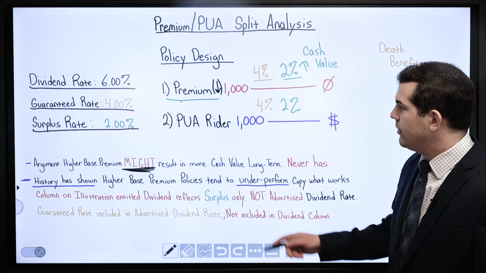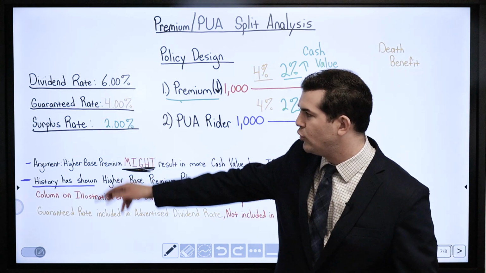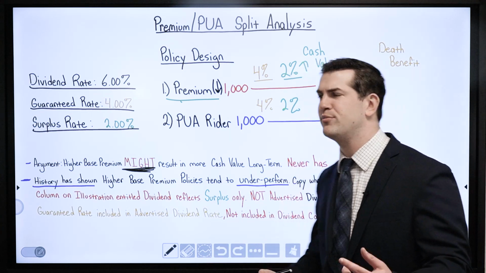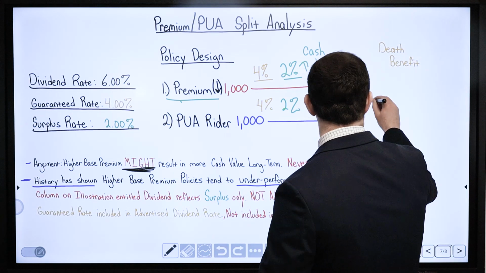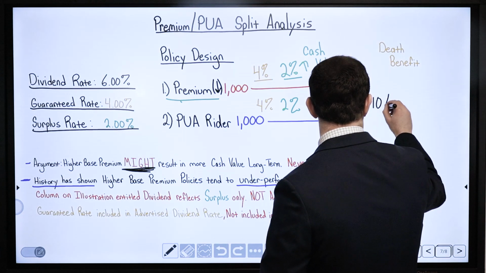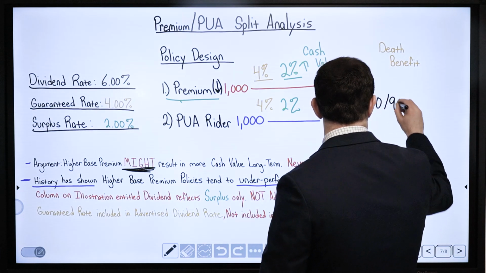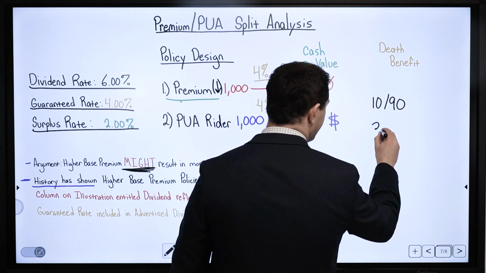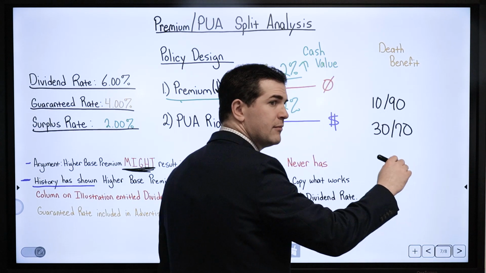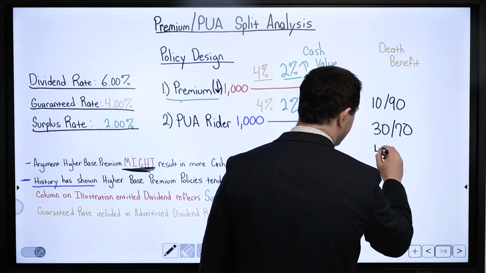Let's continue on here. So let's illustrate this point a little bit, because this can be a bit confusing. If you've really dug into our split studies before, you may have some experience here. So what we're going to take a look at is a policy first with a 1090 split, a 3070 split, and then a 4060 split.